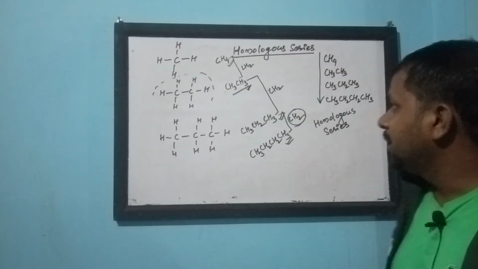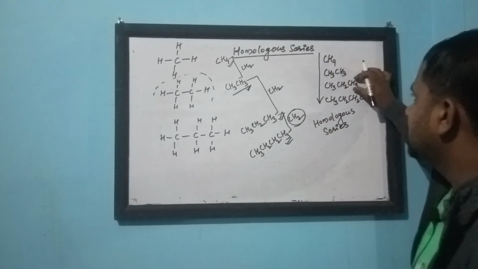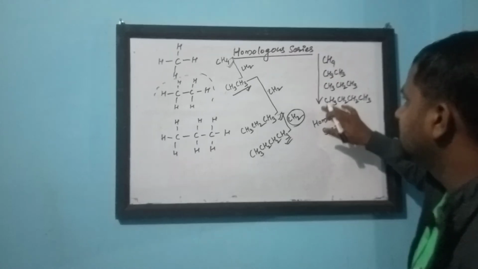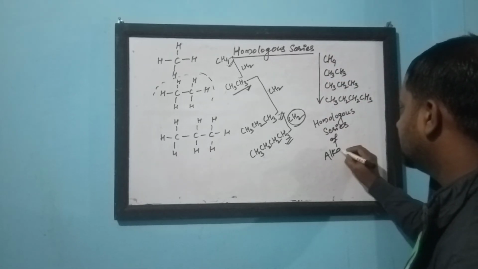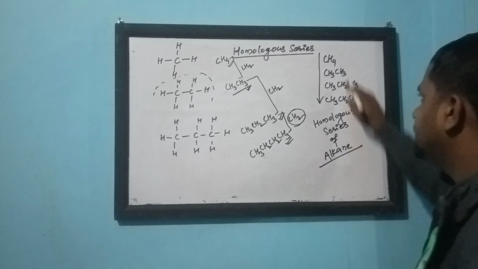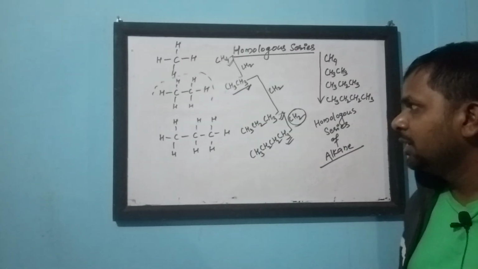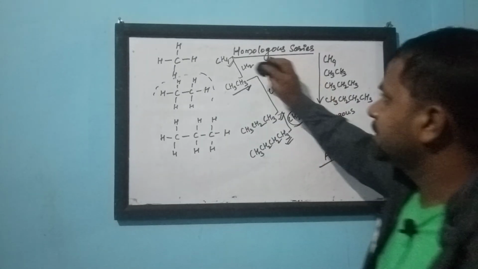We can say this is an alkane, this is also an alkane, and this is also an alkane, so this is the homologous series of alkanes. Now let us see some other examples of homologous series.